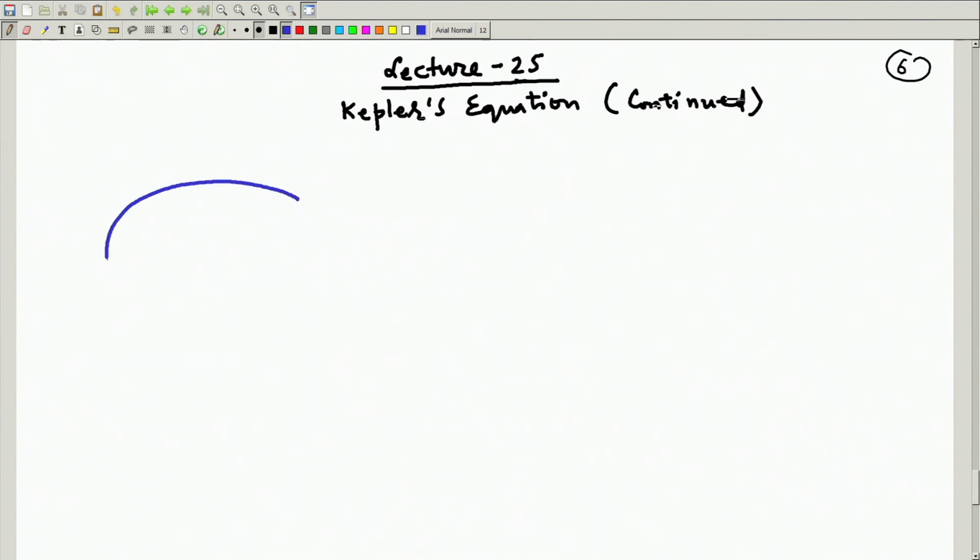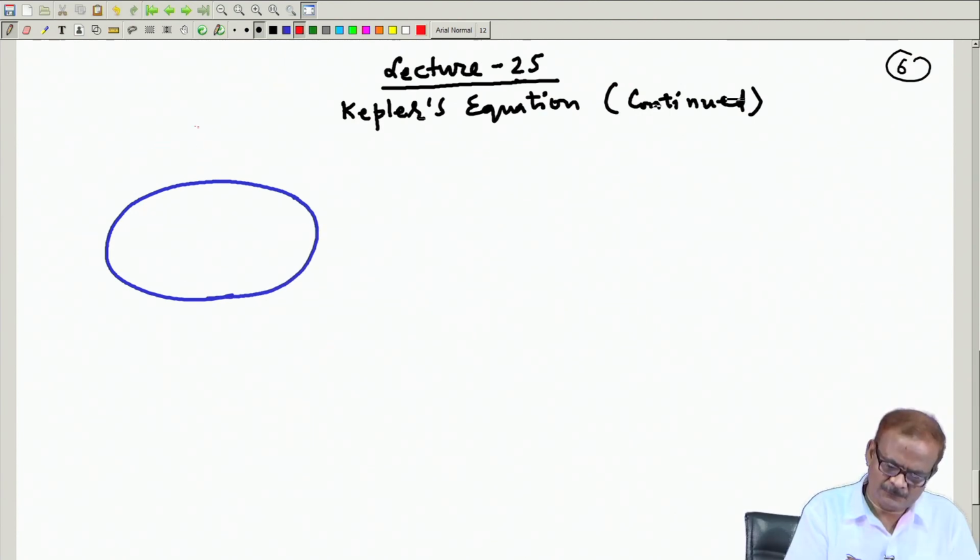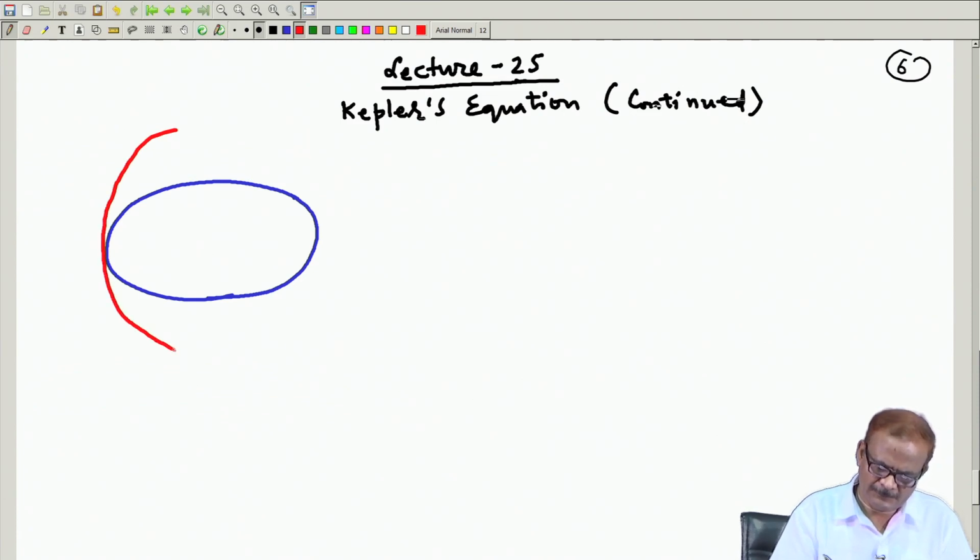So, let us look into this ellipse. We have an ellipse here, and there is a circumscribing circle which we have named the auxiliary circle.